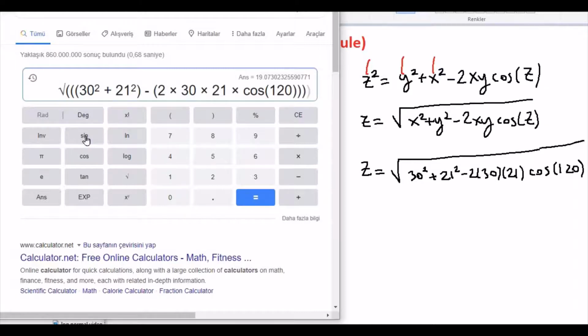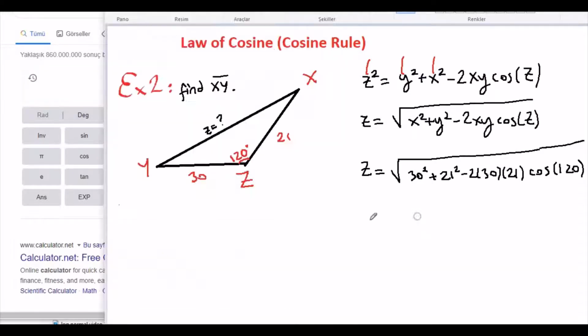Don't forget to close the parentheses, and the answer will be 44.39. To the nearest tenth it will be 44.4, and to the nearest whole number it will be 44, depending on what they are looking for.